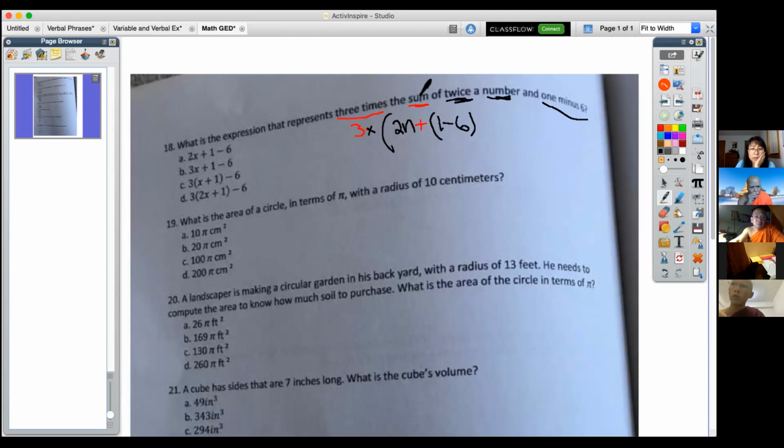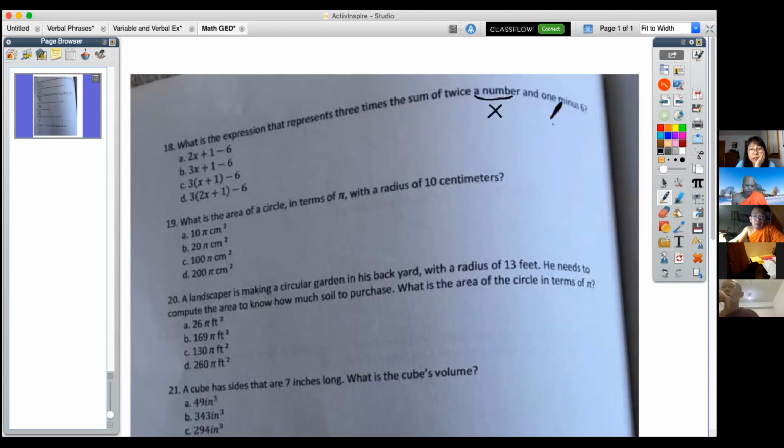The sum twice a number and 1 minus 6. It's not one of these. Yeah, I use n and not x. And so I can do x. A number I can represent by x.